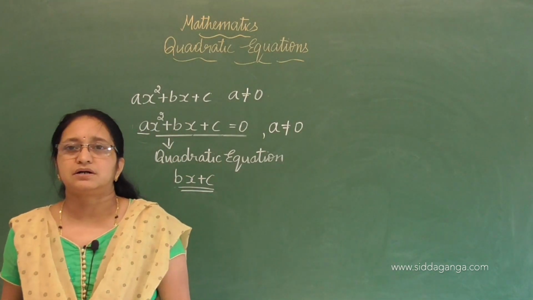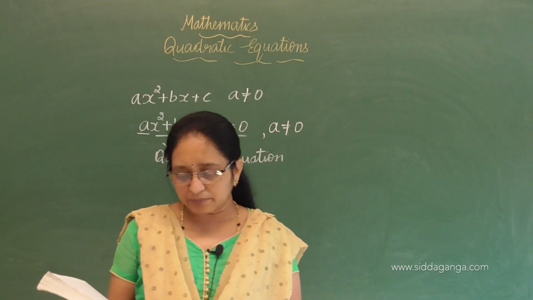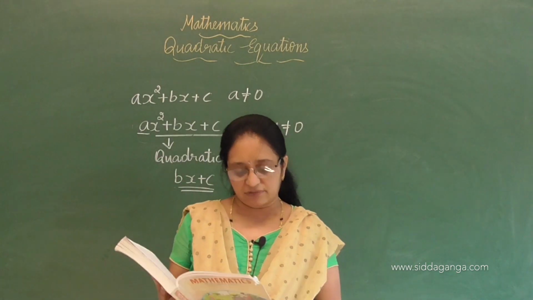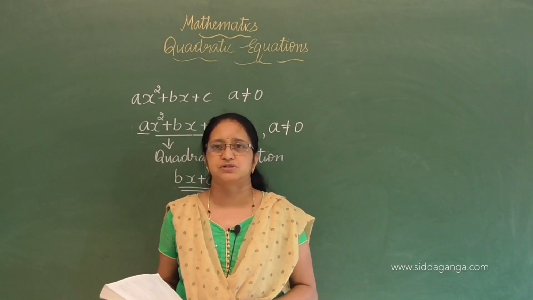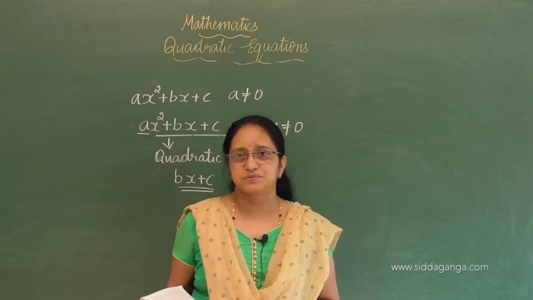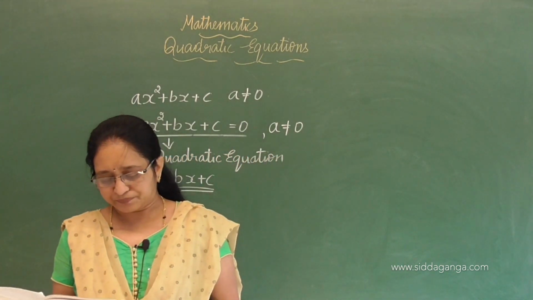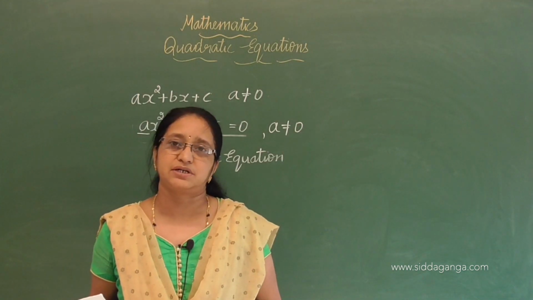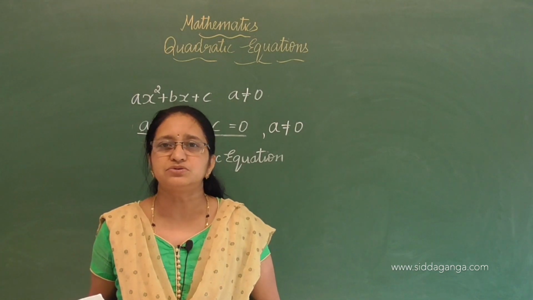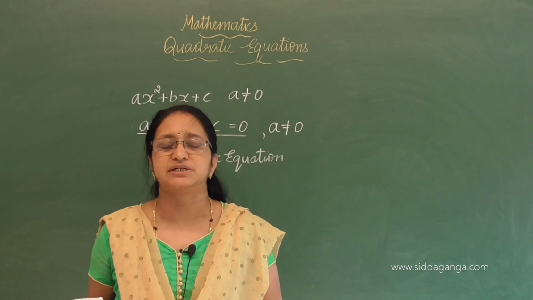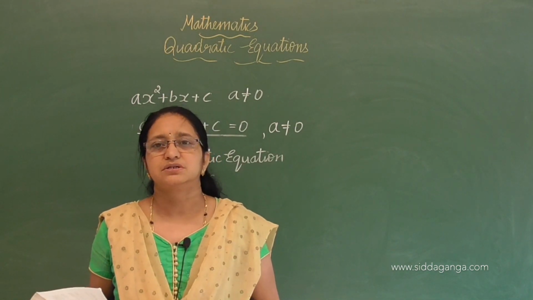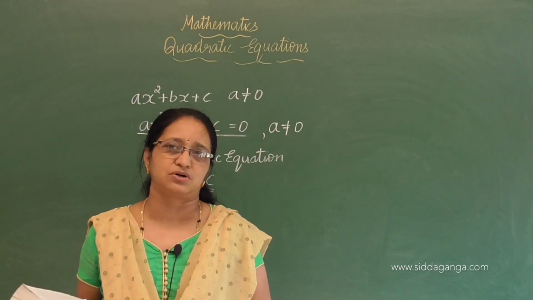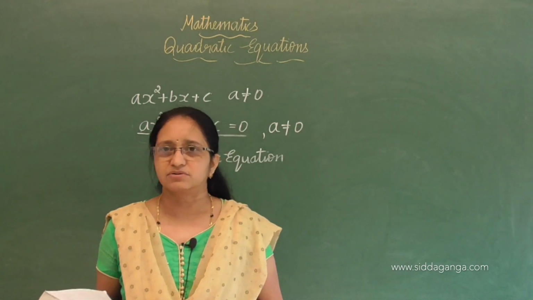The next credit goes to the Greek mathematician Euclid. He also developed a geometrical approach for the quadratic equation. And we are really proud to say that ancient Indian mathematicians also take the credit of finding the solution of the quadratic equation.